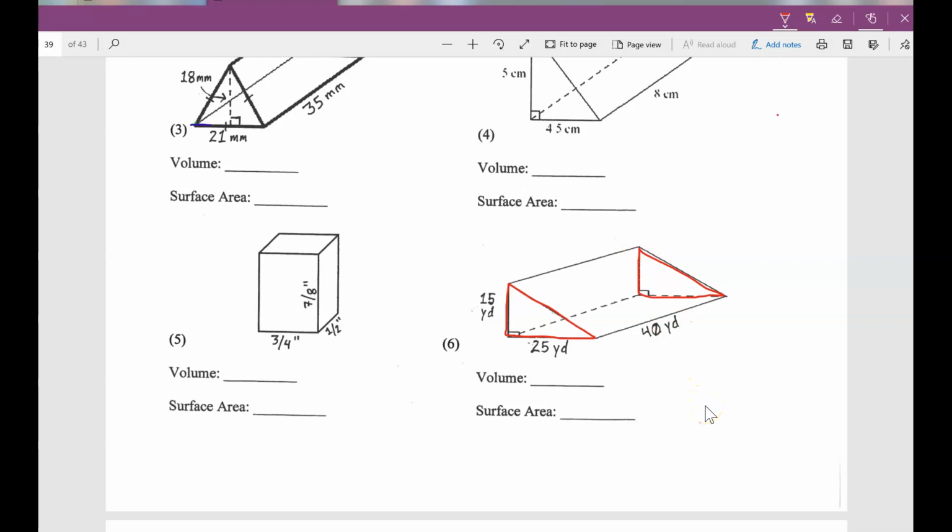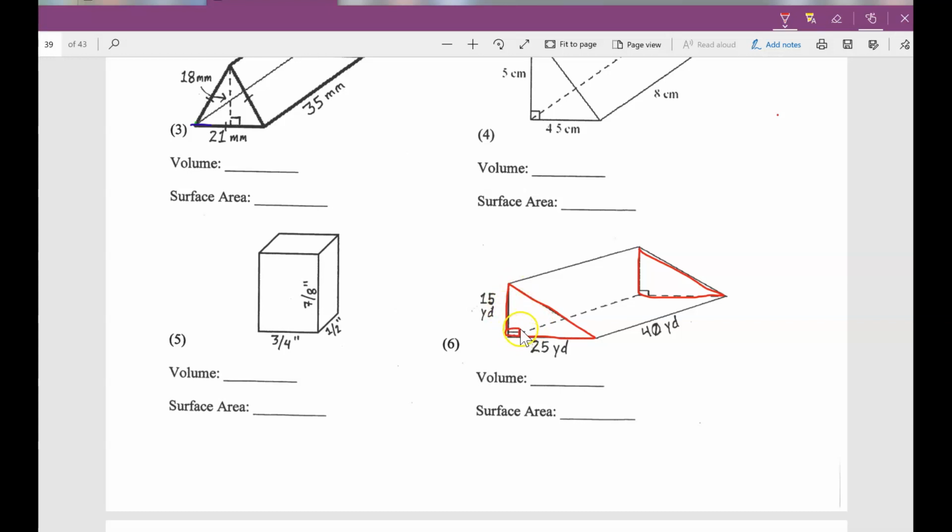So if we want to find the surface area, we need to find the area of these triangles. And then whatever that result is, well, we can find the area of this front triangle, and then because there's an identical one on the back, we can multiply by 2. So let's think back. What is the formula to find the area of a triangle?